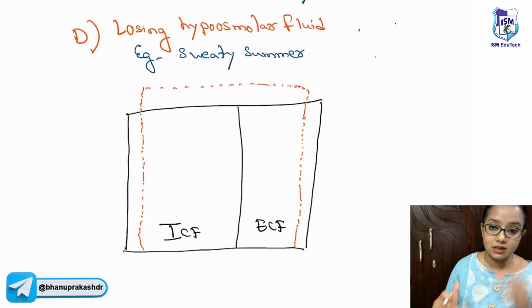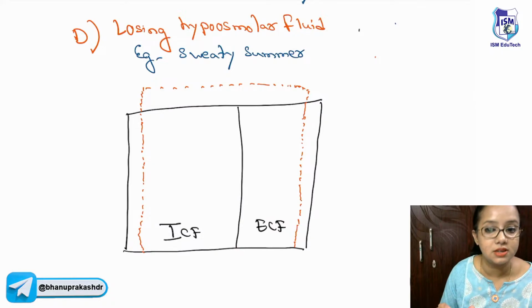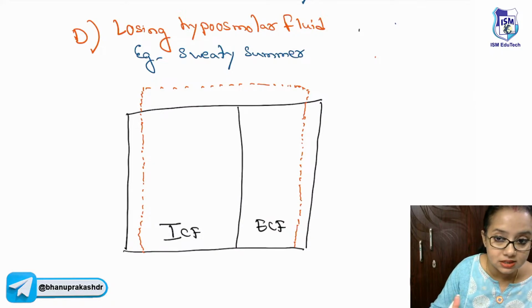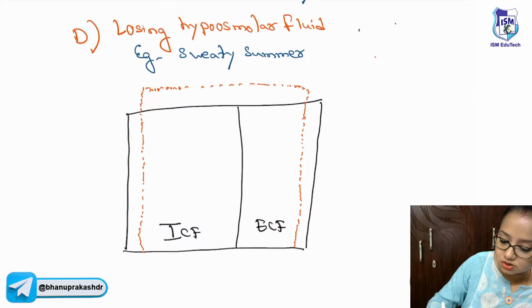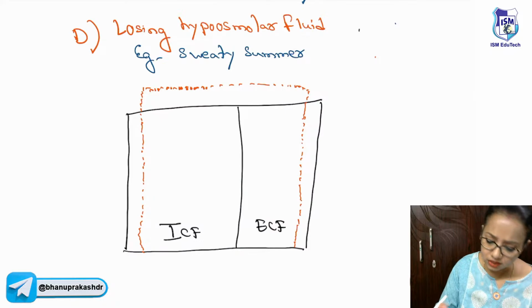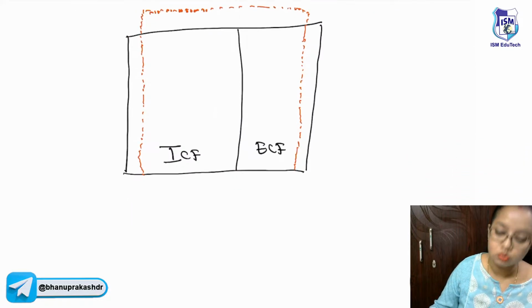The osmolarity increases. It goes to something like a slightly dehydrated condition. The volume is less, water is lost more, the osmolarity is more. That's why you see this horizontal line has gone up and the vertical lines have come closer because of the loss of the volume of water.